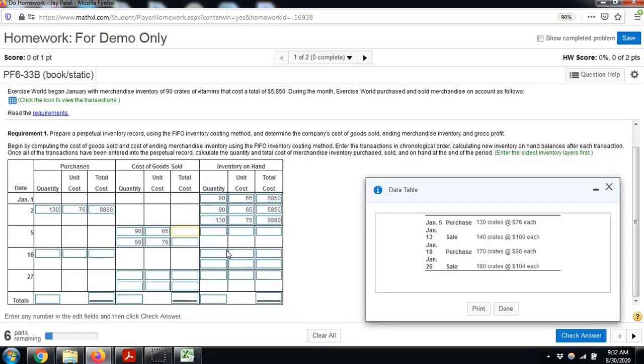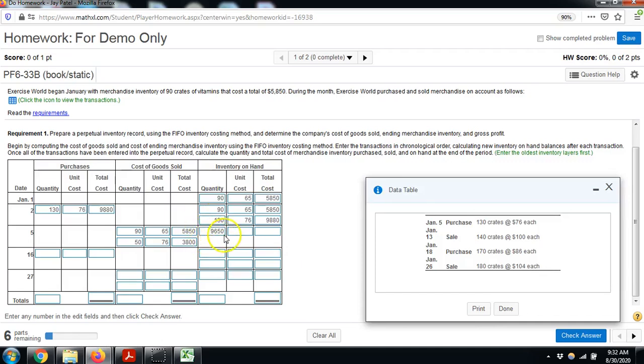And so when we do this math, we get 5,850, and this 50 times 76 is 3,800. And so when you add these two together, 5,850 and 3,800, we get a total cost of goods sold for this transaction of $9,650.